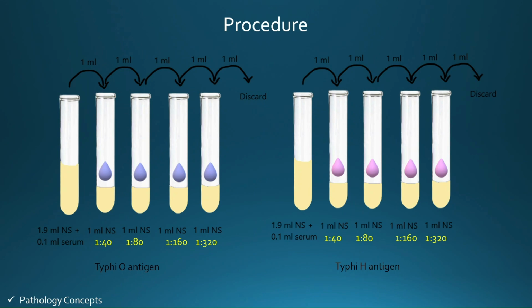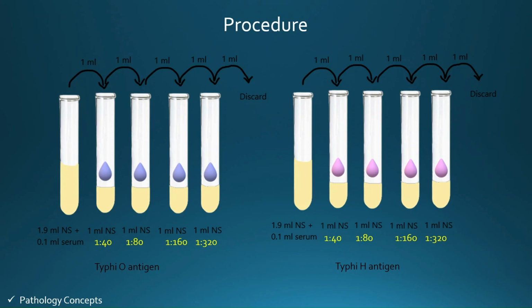Let's understand the tube Widal procedure. In the tube Widal procedure, we have to take 4 sets of 5 tubes for each antigen. For Typhi O antigen, in the first tube add 1.9 ml normal saline and 0.1 ml serum.